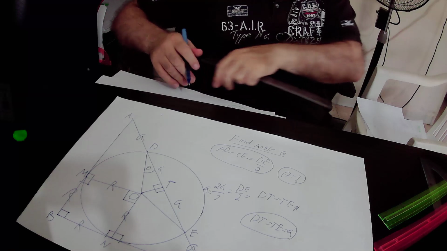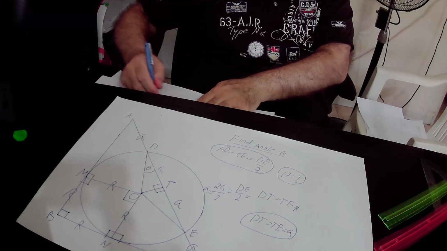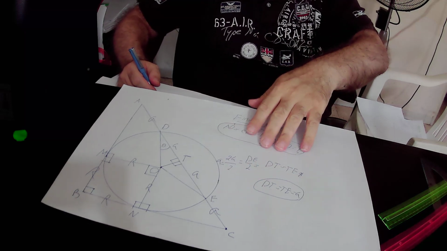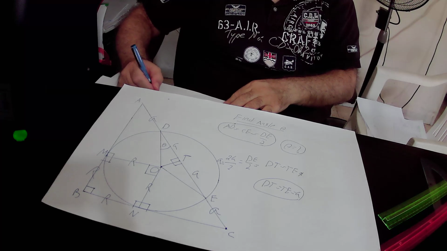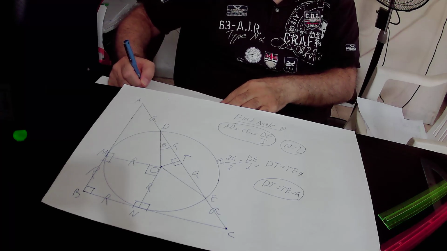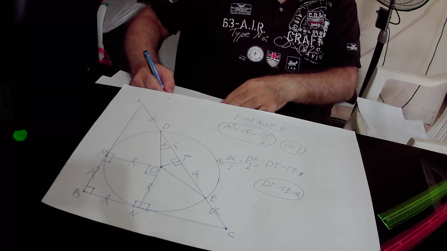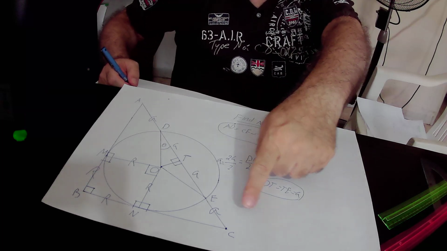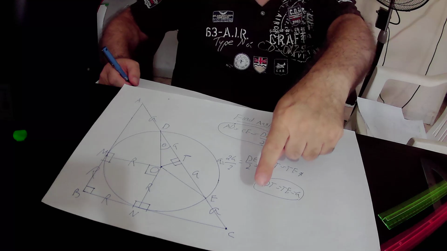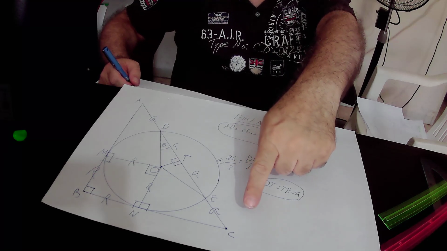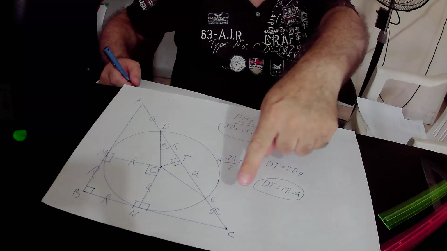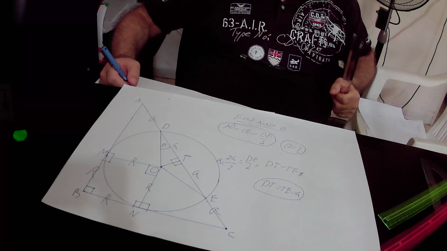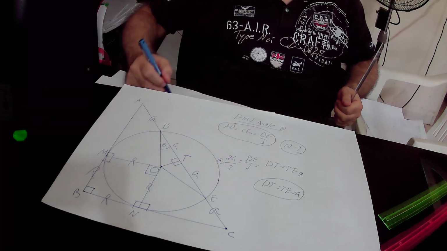Because in our drawing we focus at point C. From point C we have tangent CN, and a straight line that intersects the circle at point E and point D.